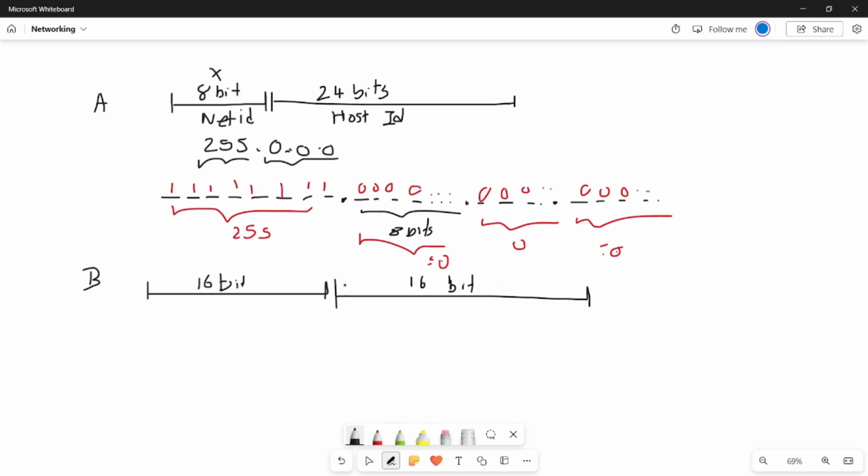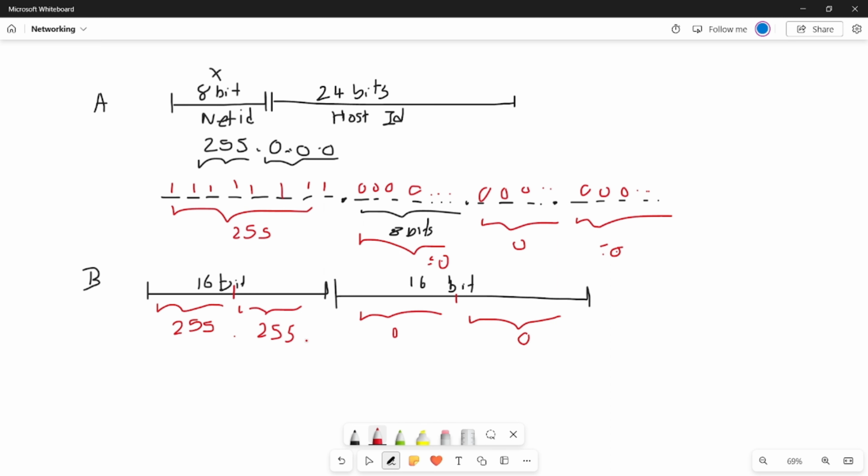First 16 bits for net IP and 16 bits for host ID. So in here, if we write the subnet mask of a class B IP address, the first 8 bits we cannot use, so we can indicate it as 255, and the second 8 bits we cannot use, so we can indicate it also as 255, and we can use the other 16 bits, so we can mark this 8 bits as 0 and this 8 bits as 0.